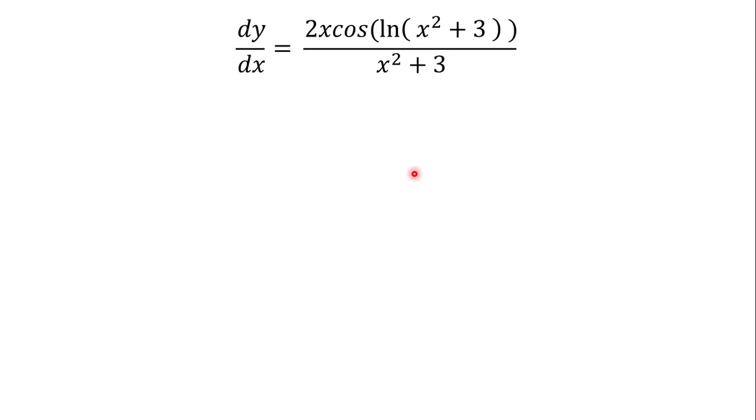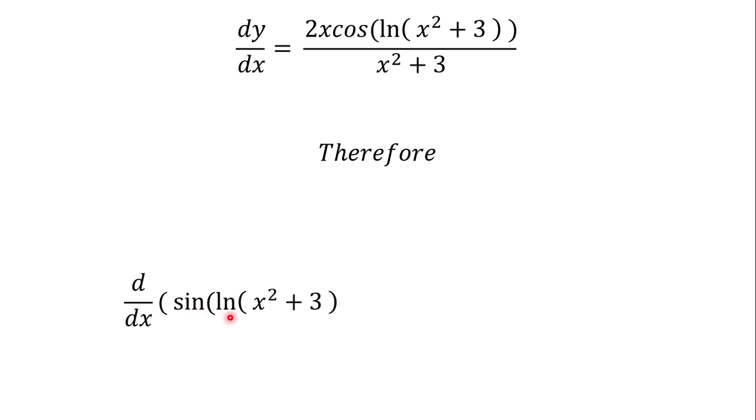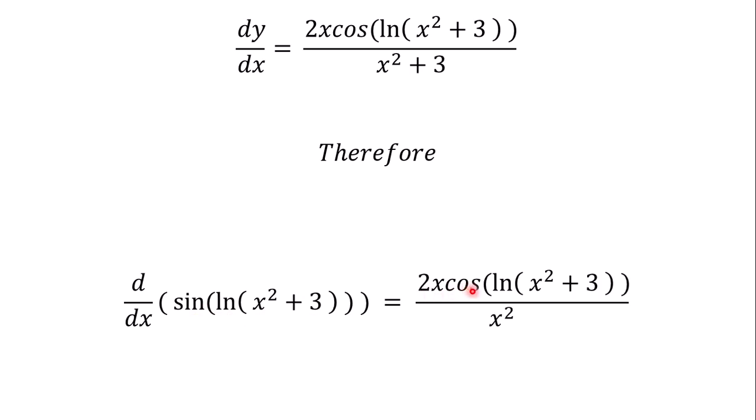So let's end it. Therefore, the derivative of sine of natural log of x squared plus 3 is equal to 2x times cos of natural log of x squared plus 3 divided by x squared plus 3.